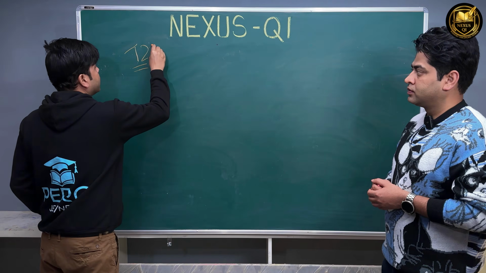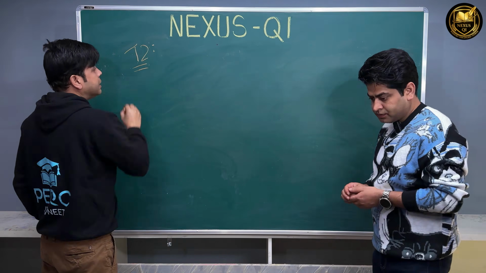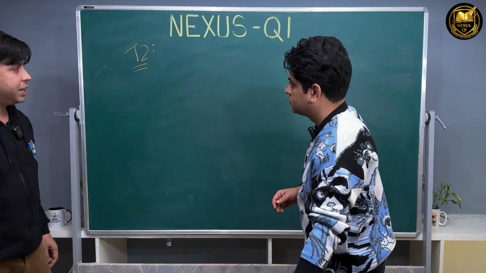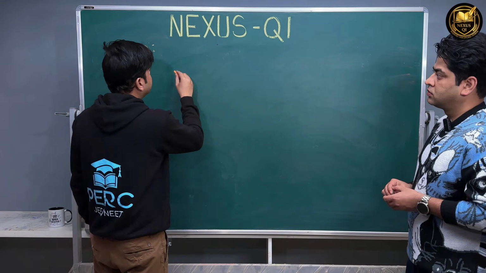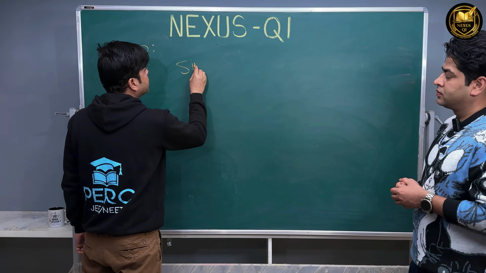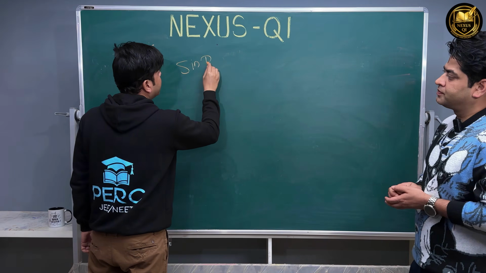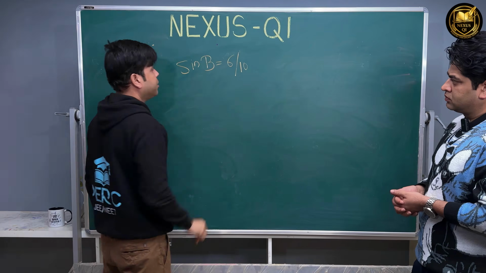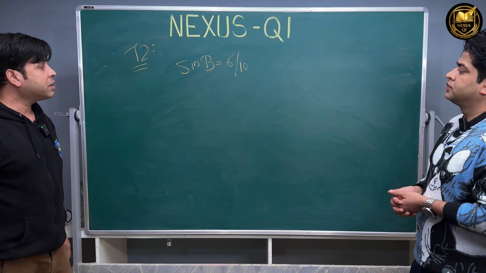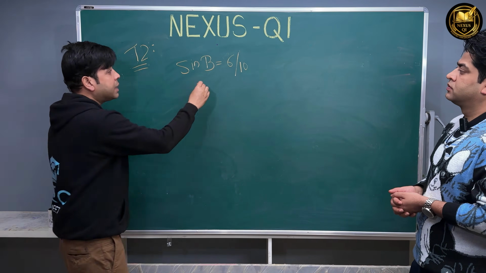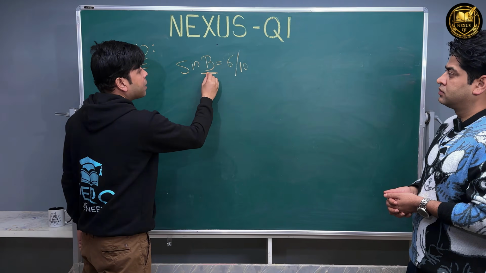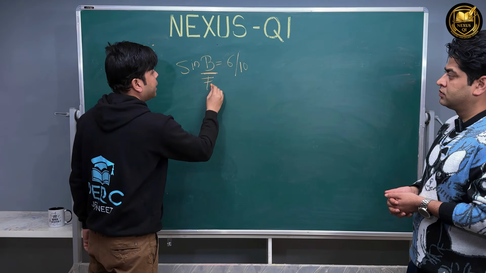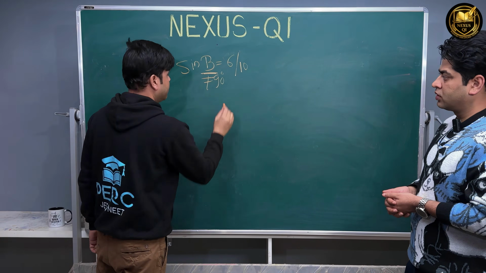In a type 2 question, they will give any one of the ratios. For example, they will give the question as sin b is given as 6 by 10. So first thing you have to keep in mind, they said sine of angle b, so angle b can never be 90 degrees, as you told earlier.